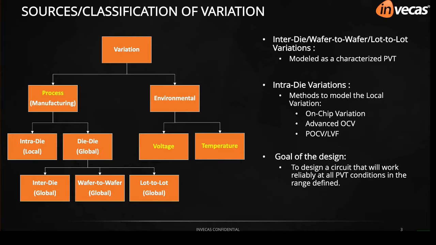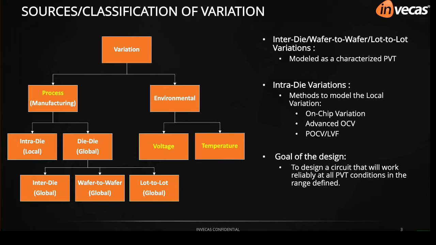Take an example of the same AND gate placed at two different locations on the same die: it will behave differently with respect to the propagation delay, and the variation causing this effect is called local variations. The same kind of issue will be seen with even more delay difference when we compare two AND gates placed on two dies which are from the same wafer, or from different wafers, or from different lots. This kind of scenario is called global variations.